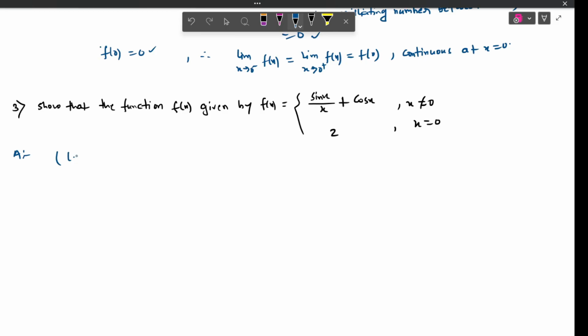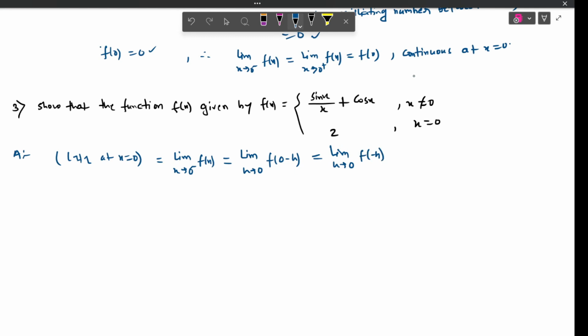So left hand limit at x equals to 0, that is limit x tends to 0 minus f of x. It should be limit h tends to 0 f of 0 minus h. It would be limit h tends to 0 f of minus h.